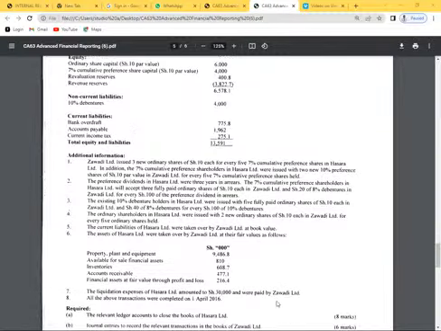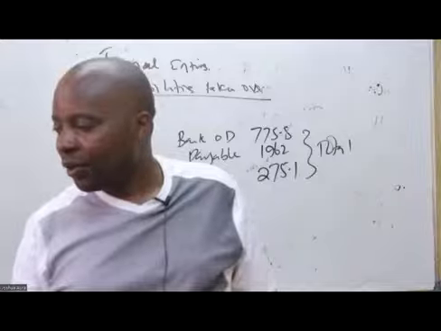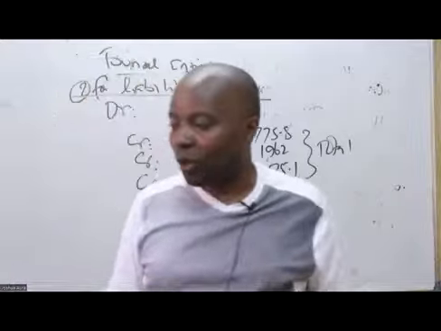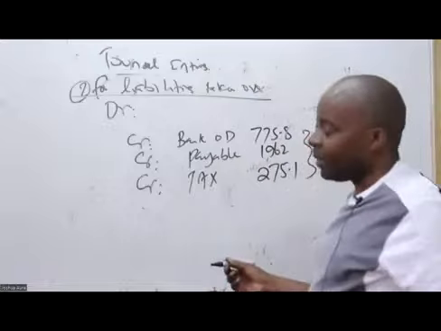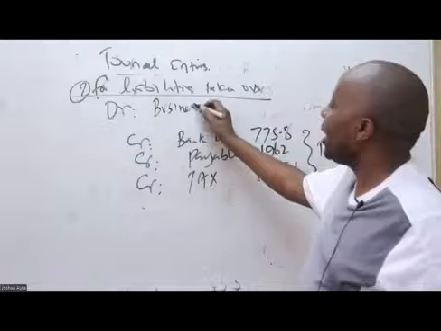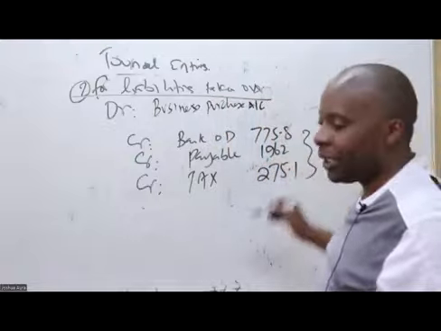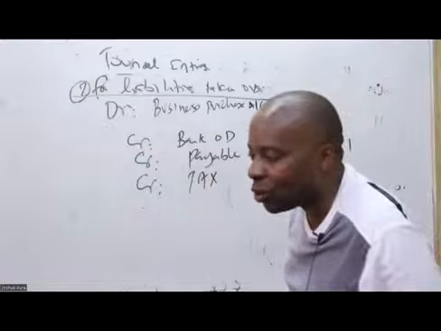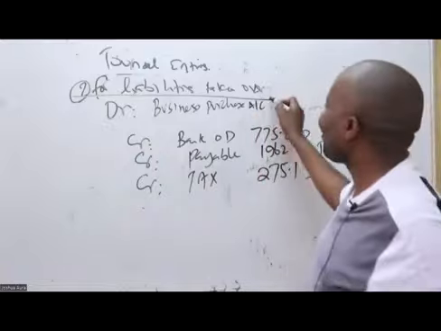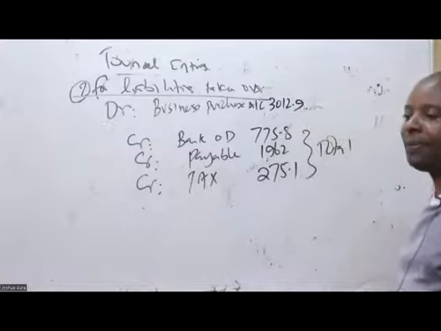I don't understand why. 1312.9. So remember, this one here will be taken to business purchase account. Business purchase account, which in this case I'm being told is 3012.9. That's 12.9.